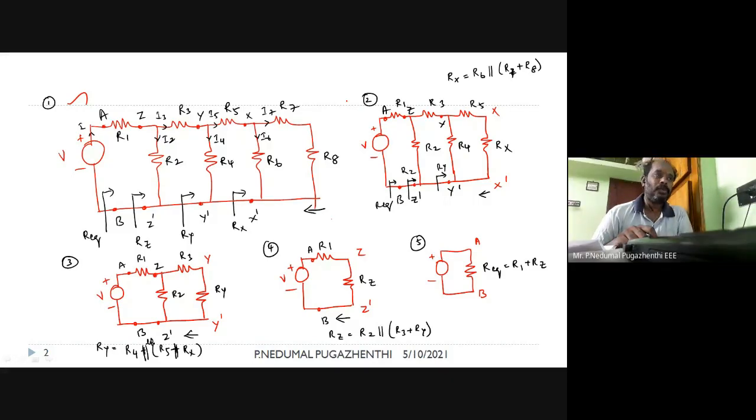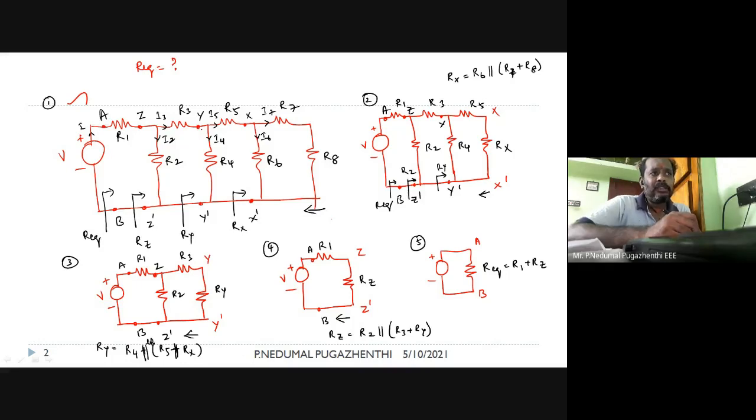We are supposed to find the equivalent resistance of this particular circuit, and thereby we can find the current, branch currents, voltages in each branch, and even the power dissipated in each element. Only if you are able to find the total current can we find the branch currents.